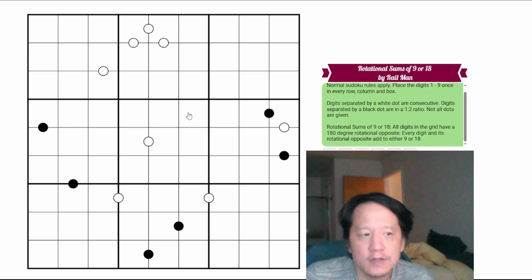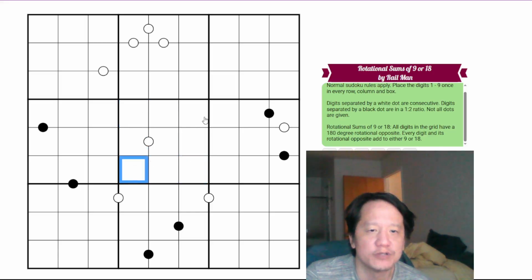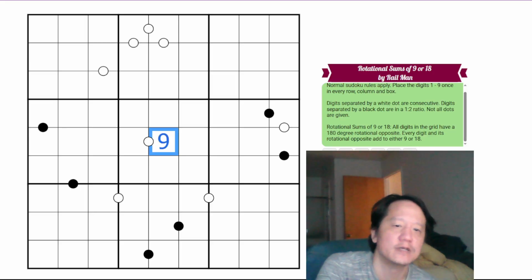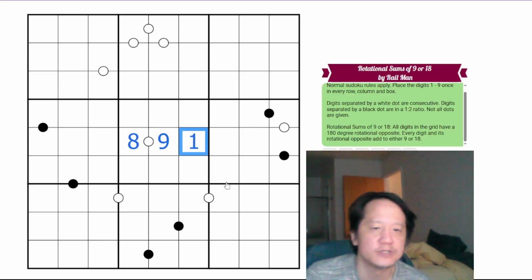So 9 cannot be any of these digits because it can't have a 9 plus another 9 in the same box. So where is 9 in this box? 9 has to be here, which means this must be 8, and 180-degree rotationally symmetric must have a 1 to add up to 9 for these two digits.